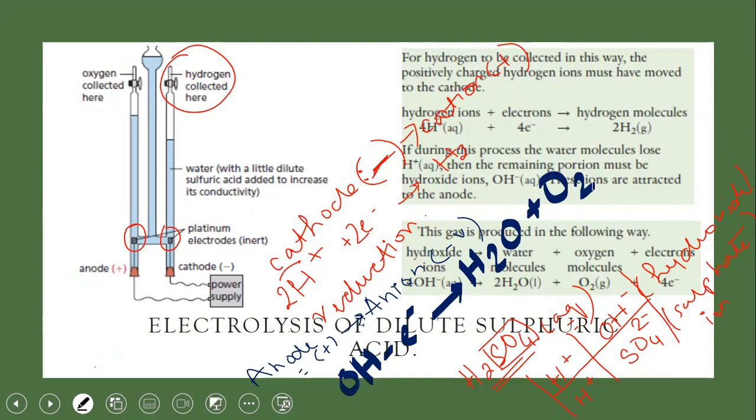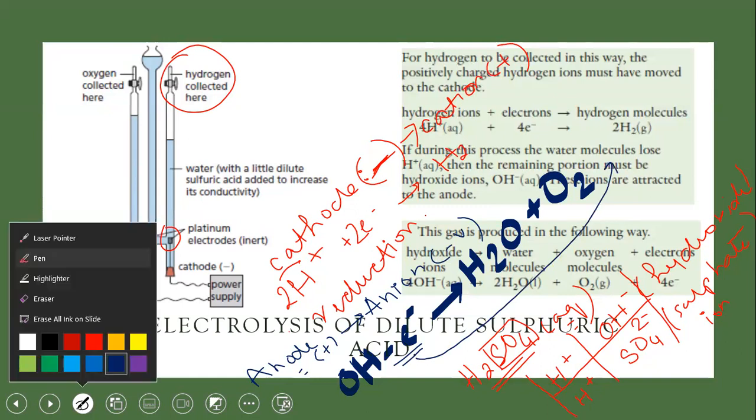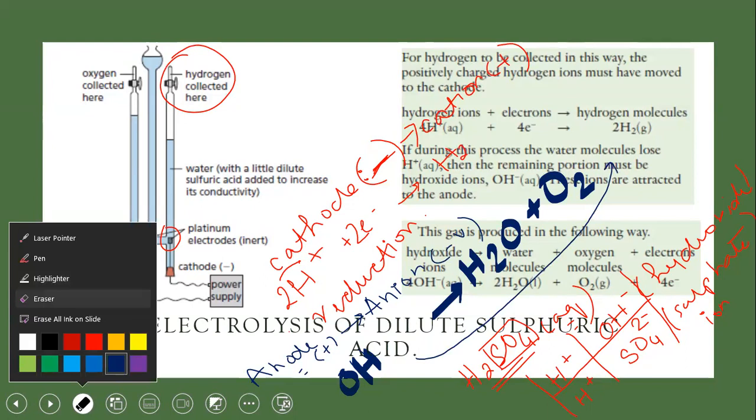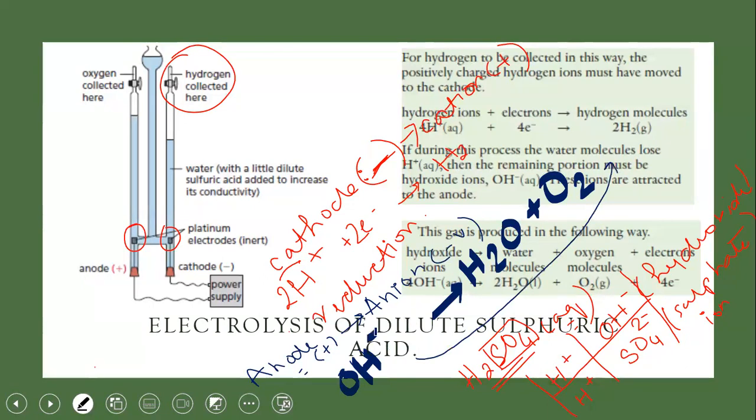Now, if you remember, I had told you we don't write down the electron with a negative sign. I had told you we will move it to the other side. So that's what we are going to do. We keep the OH where it is and I will put the electrons over here, plus electrons.